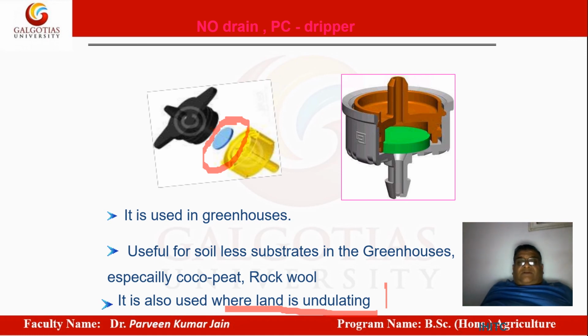So this way the SCPC plays the role. PC means pressure compensating drippers, and in this case the height or up and down of the land does not affect the flow of water from these drip lines.